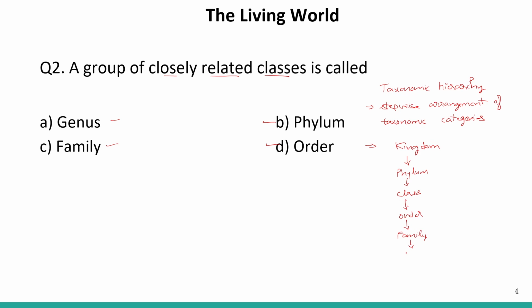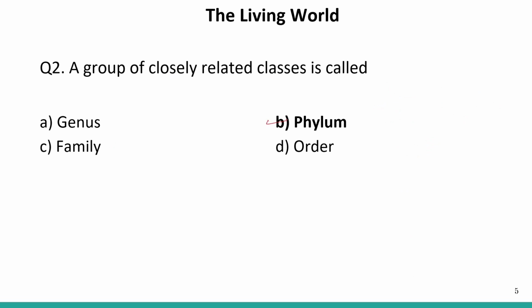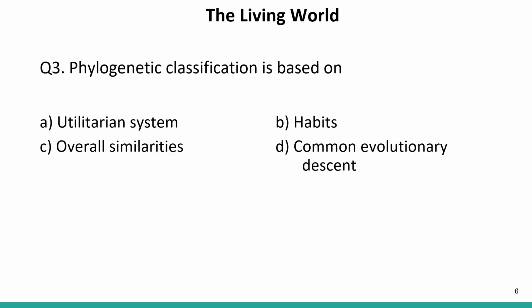Then lower to family is genus. And the lowest most taxonomic category is species. Now the question is, a group of closely related classes. So what should be the answer? Phylum. Phylum is a group of closely related classes. So option B is the correct answer here.